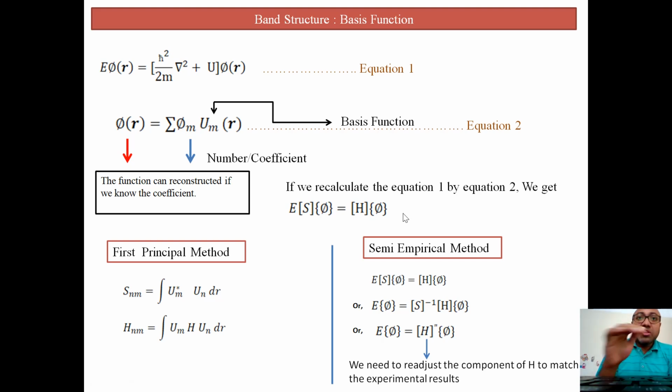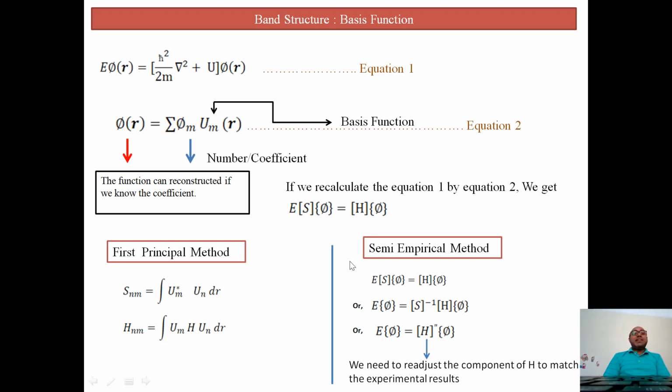Now, what is the component of S? S_nm can be found as the integral of u_n u_m dr. And what is the component of H? That can also be found, H_nm.